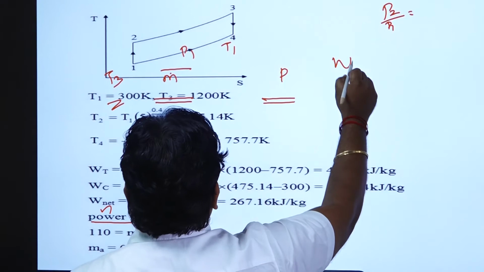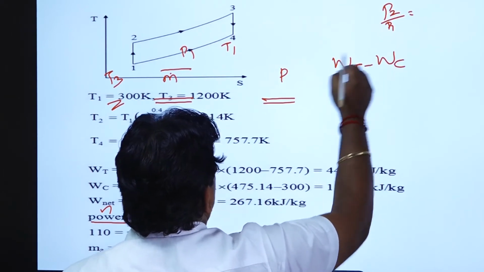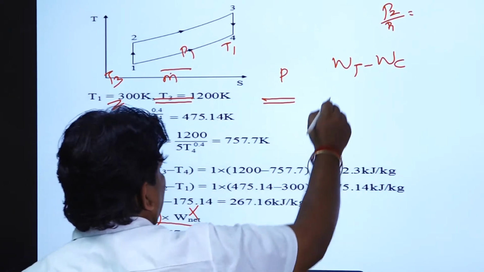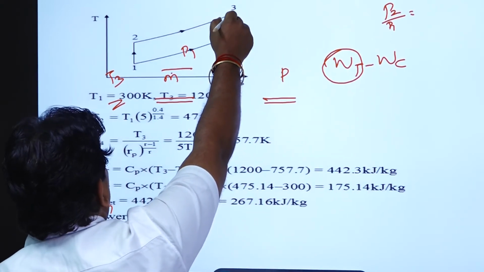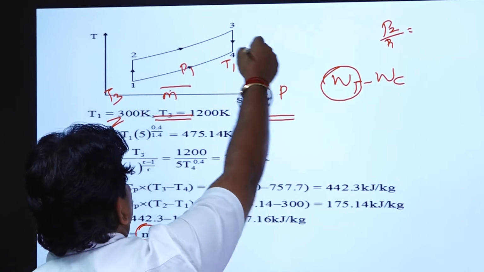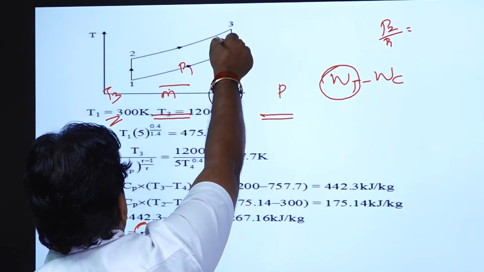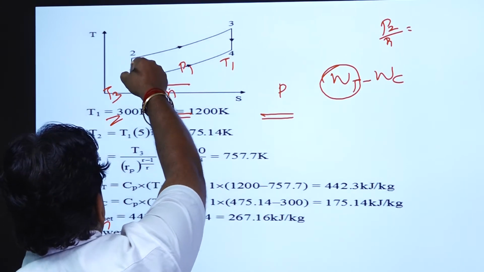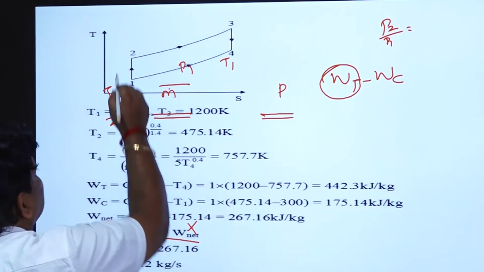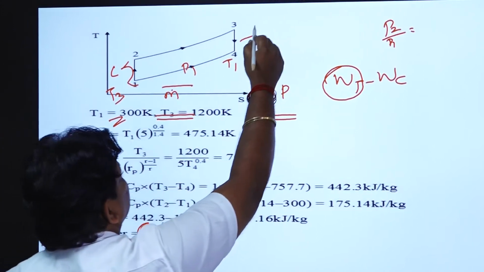The net work done is WT minus WC. WT is m Cp into T3 minus T4, and for the compressor it is m Cp into T2 minus T1. This is the compressor and this one is the turbine.